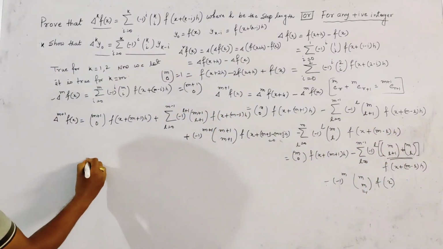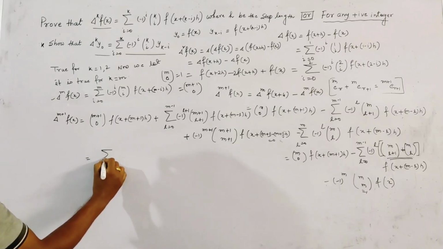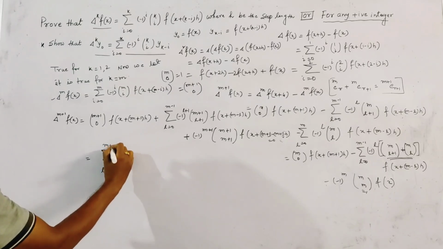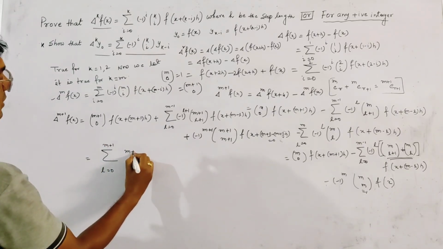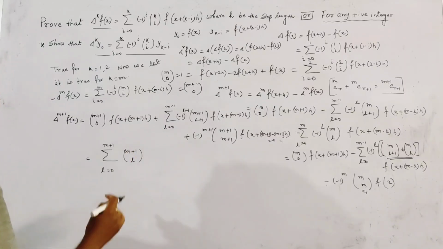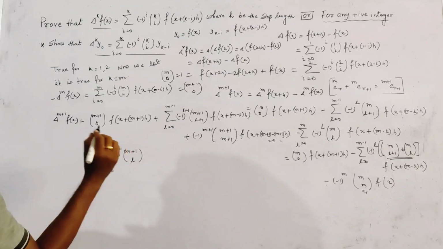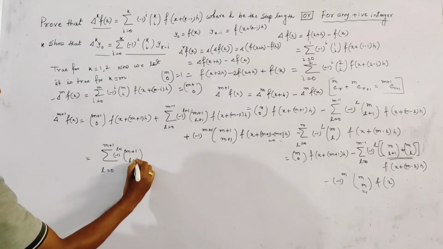And in the summation form, we can write this as summation L equal to 0 to m plus 1, m plus 1 c L, and we first write minus 1 to the power L, and this is not L, this is L plus 1.